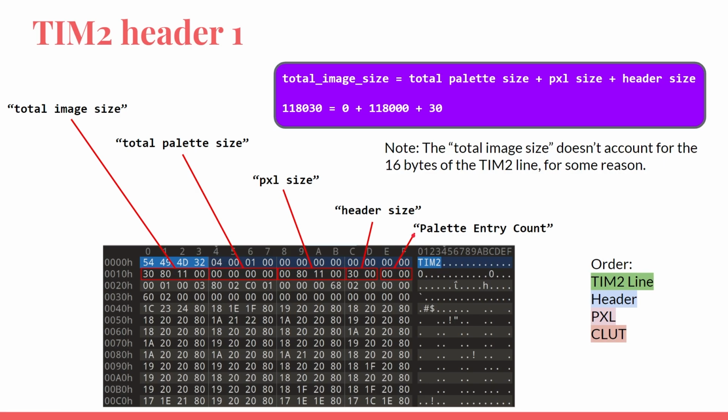It's usually 256 for an 8-bit image, 16 for a 4-bit image, and 0 for a direct color image, at least in my experience. Note that this total image size completely disregards the first line of this file for some reason.